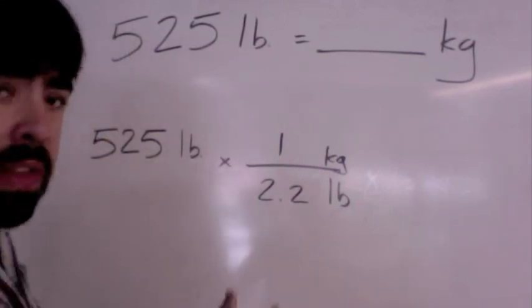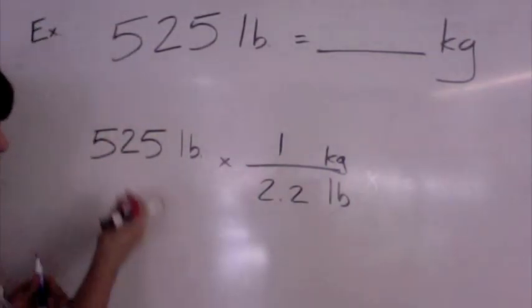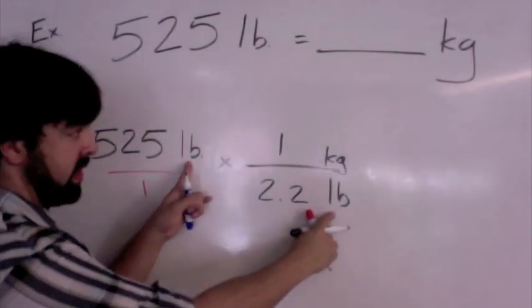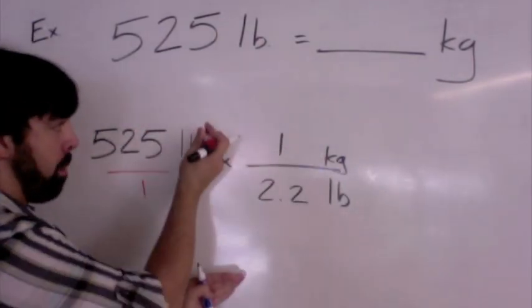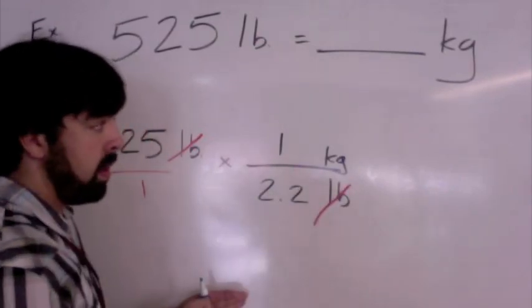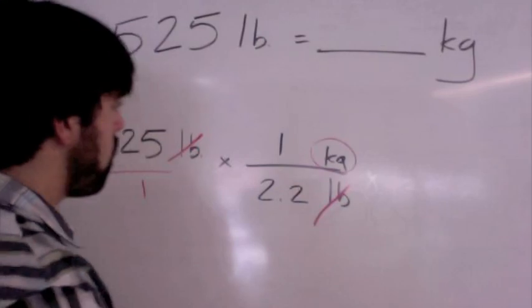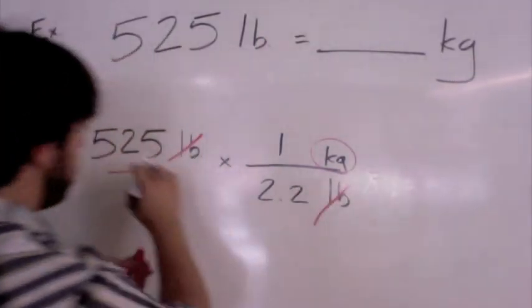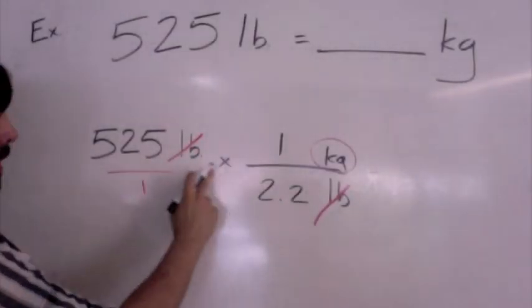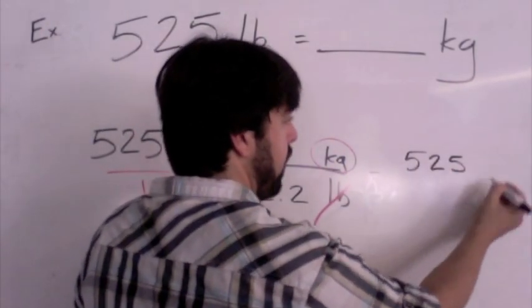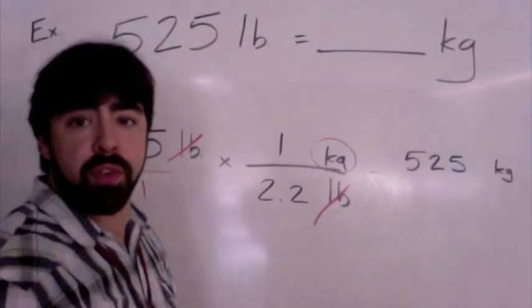So again, let's think about this. This is over 1. We have the same units on the top and the bottom, so the pounds go away. You're left with kilograms, which is what you want. So this is going to be, let's multiply the top, 525 times 1, that's just 525. There's kilograms, we'll just carry those over for now.